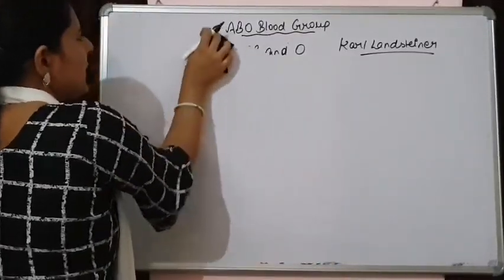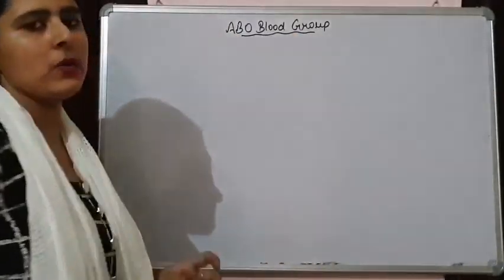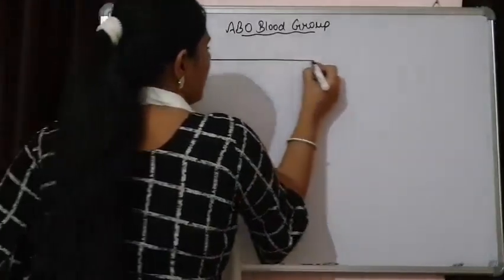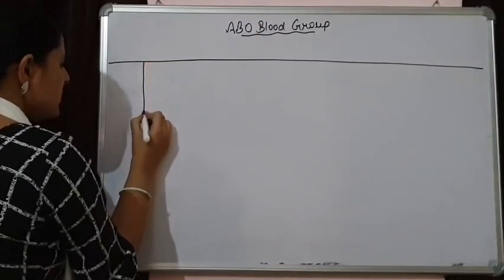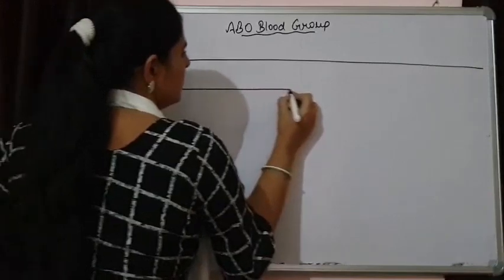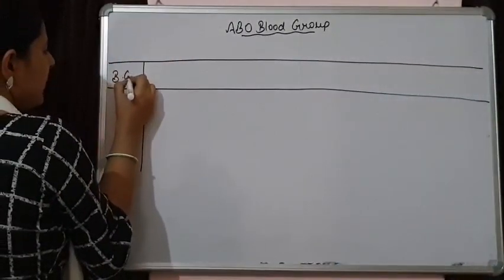So let's make a table that explains everything about the blood group system. The first column is for the blood group, so, type of blood groups.